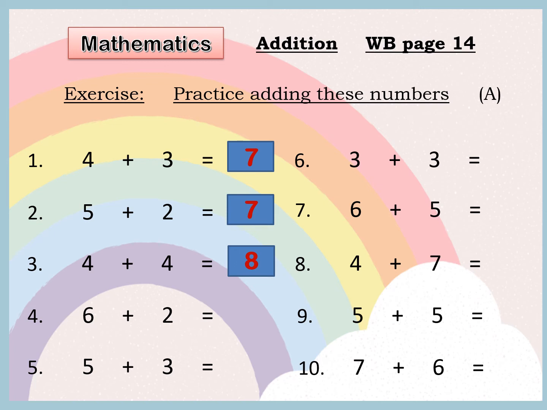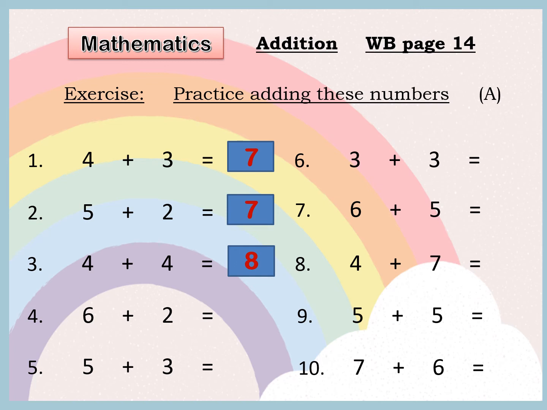Now which one is the bigger number? The bigger number is 6, right? So remember number 6. 6 is the bigger number. Now put it in your mind, put it in your head. Try to remember number 6 and plus 2 on your fingers.